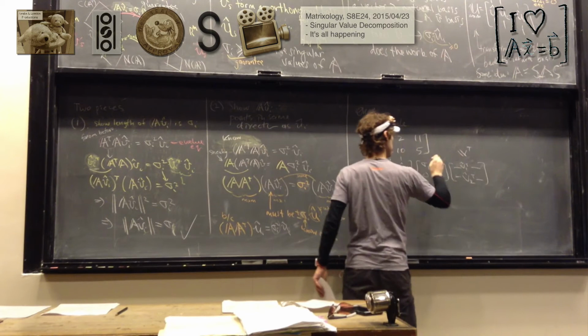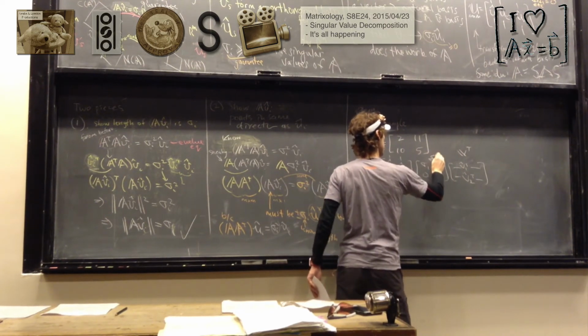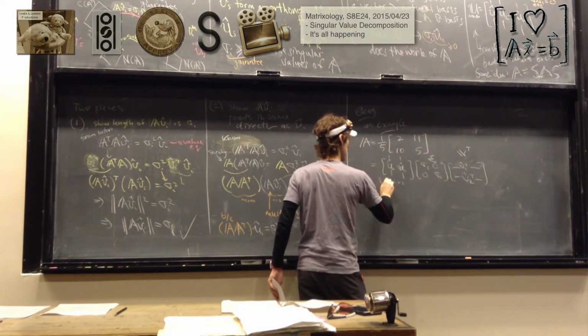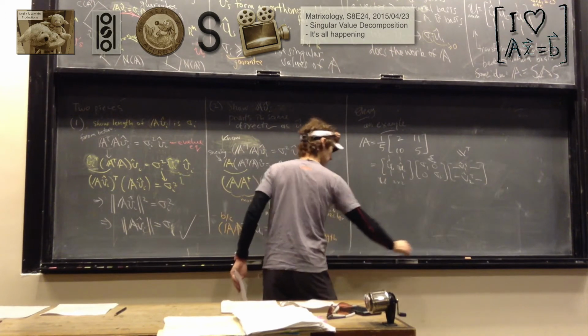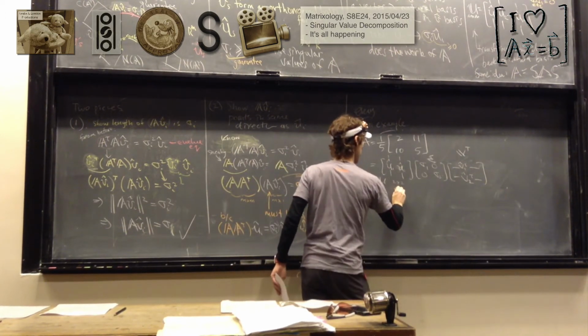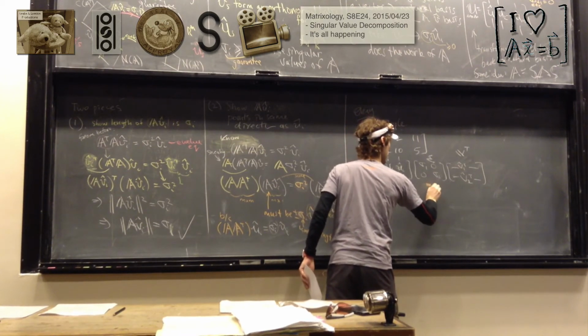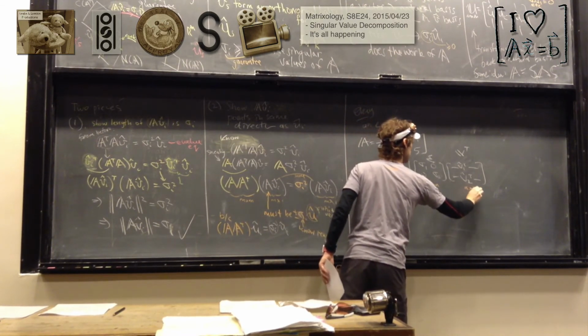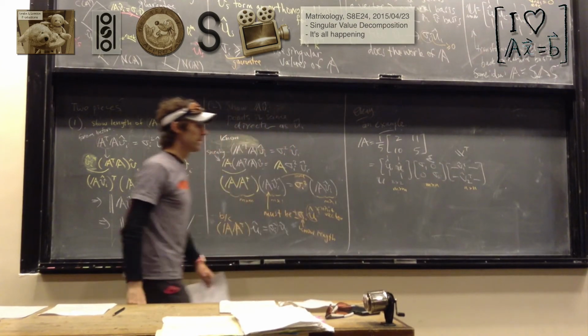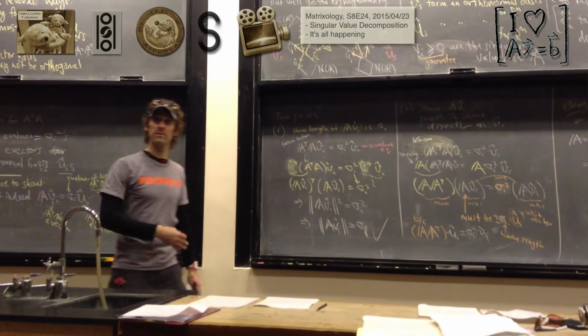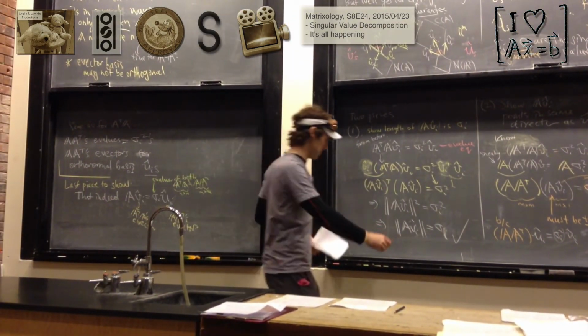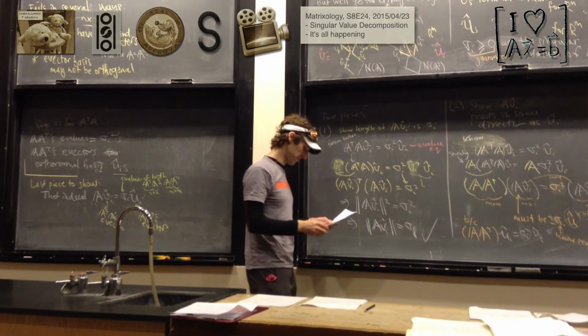V transpose, sigma. It's 2 by 2, so we don't quite get all the shape things. But in general, this is m by m, this is m by n, and this is n by n. So we're just going to simply use what we used for the proof of all of these things.